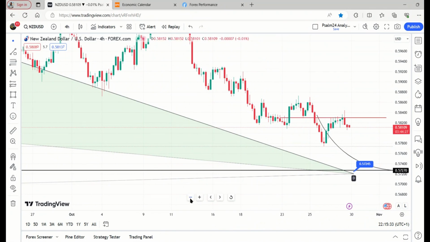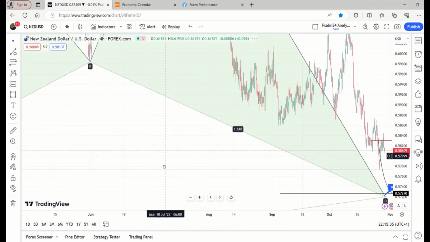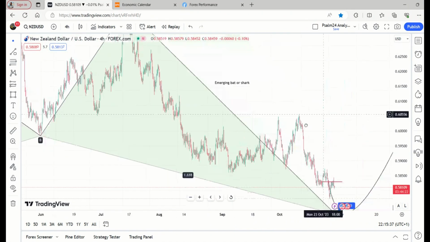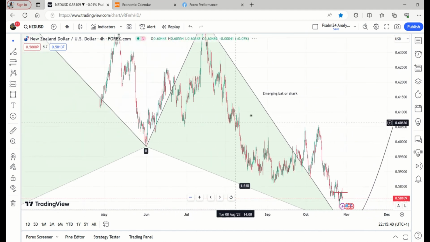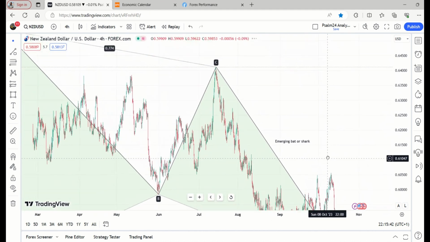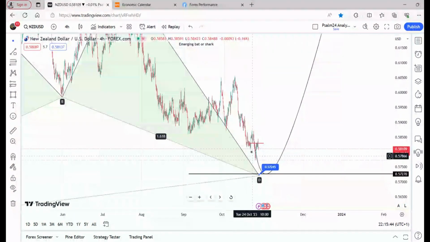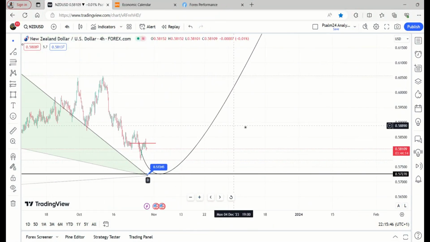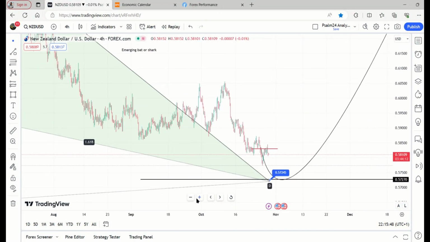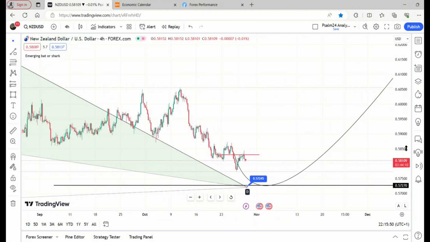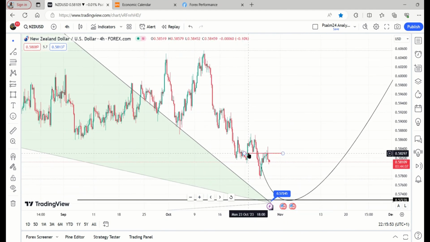Yes. Okay, so this is how it looked on the higher time frame. We were looking for an emerging bat, and we have already marked out the area when we did the analysis, as at the time we did the analysis the market was here.